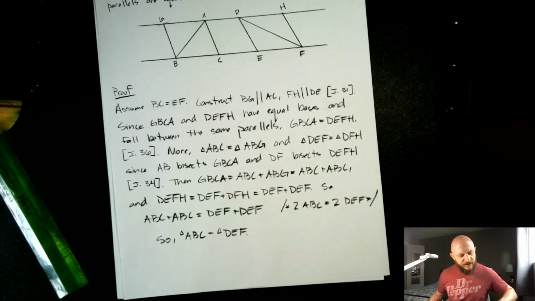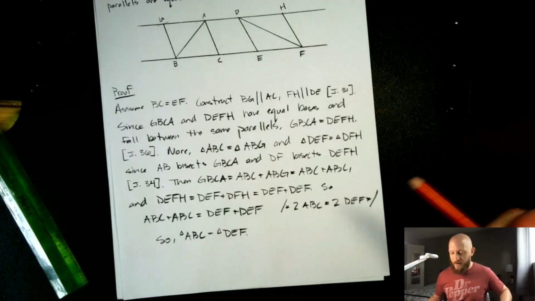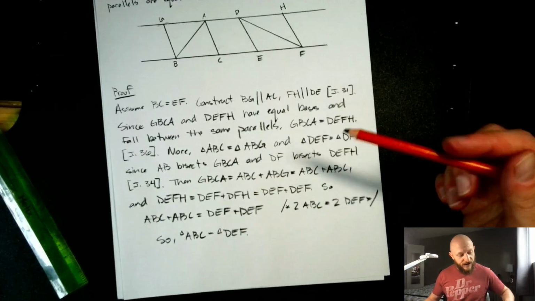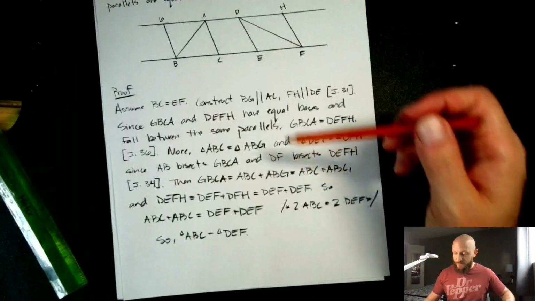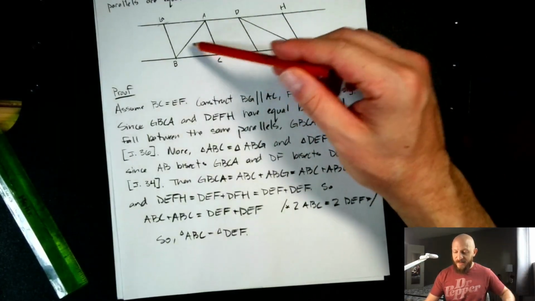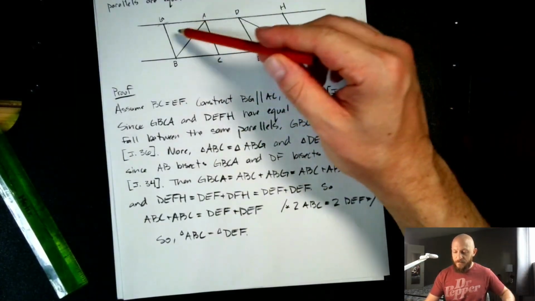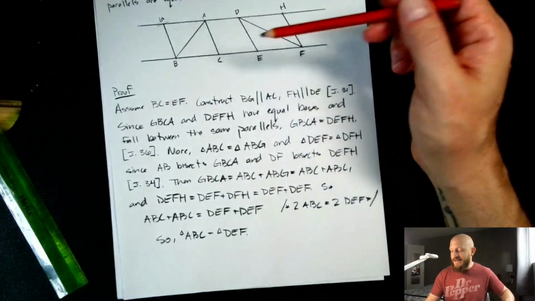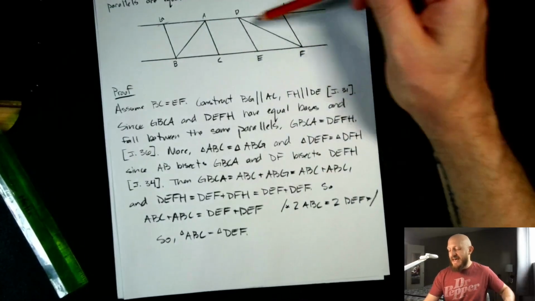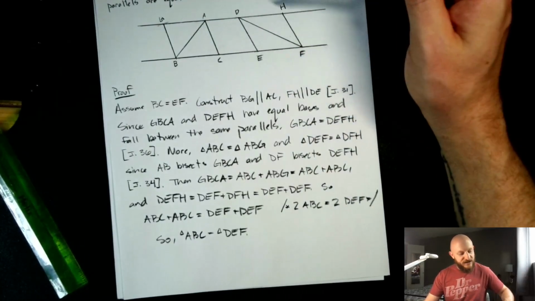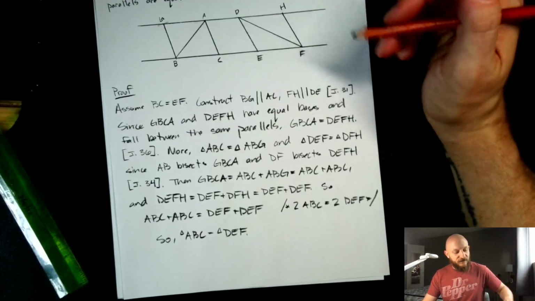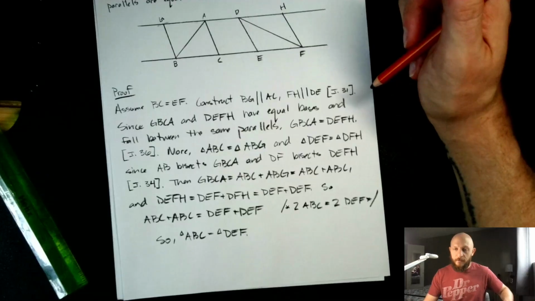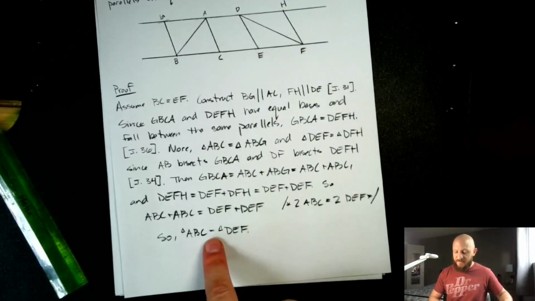Right. This is another one of the situations where the way that Euclid wrote it out is he pointed out that AB bisects GBCA, so ABC is half of GBCA, and for the same reason DEF is half of DEFH, and then he says, but the halves of equal things are equal to one another, and from that he concludes that ABC equals DEF.